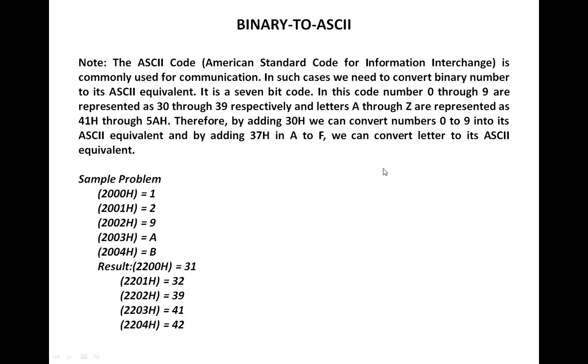So normally in the ASCII code, the decimal numbers from 0 to 9 are represented as 30 and 39 respectively. It means 0 is represented as 30, 1 is represented as 31, 2 is represented as 32, 3 is represented as 33, and so on.